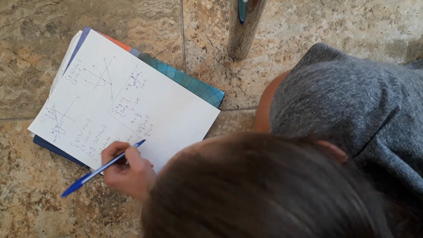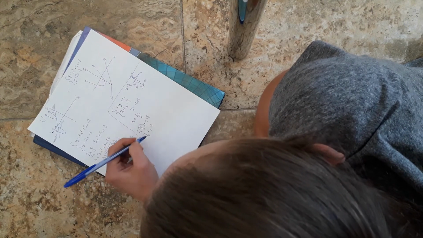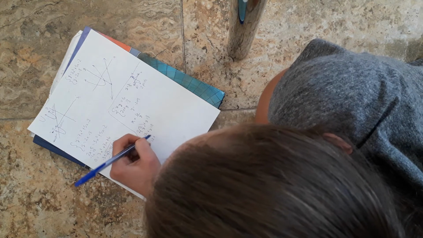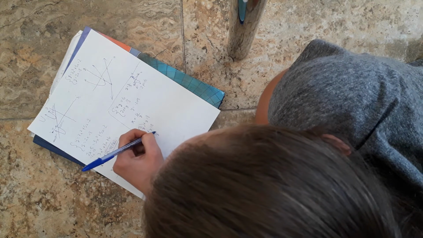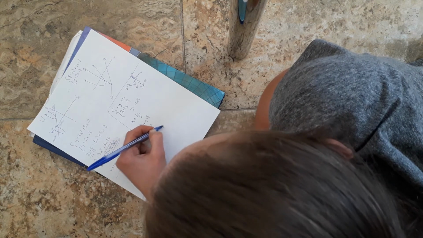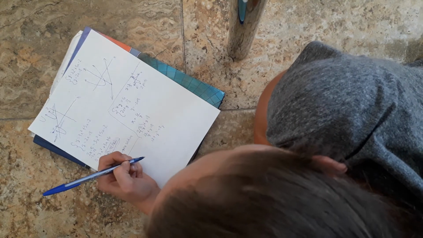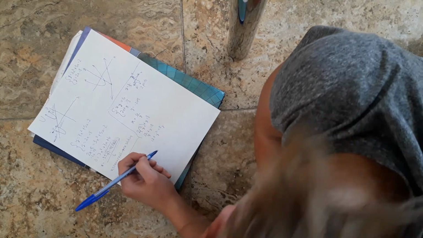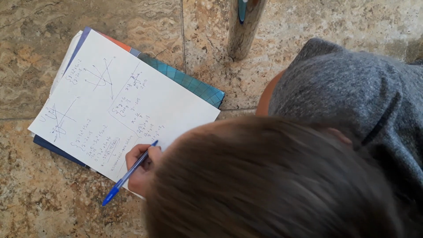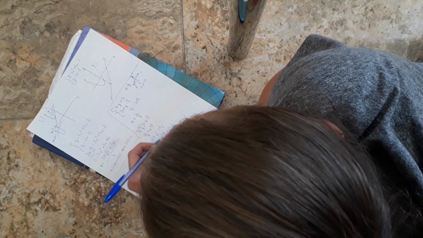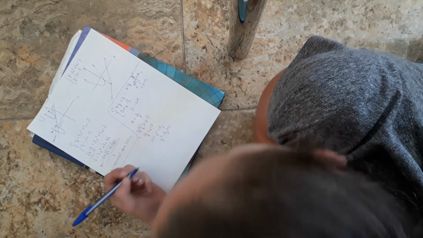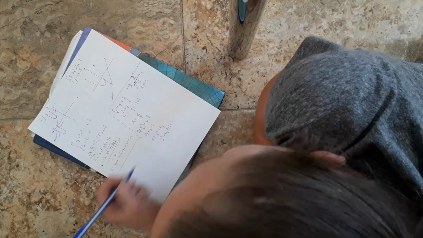I'm going to multiply everything by y to get rid of that fraction. So 12 plus y squared equals 8y. And now, we probably don't need to use the quadratic formula, but let's get everything on one side. y squared minus 8y plus 12 is equal to 0.